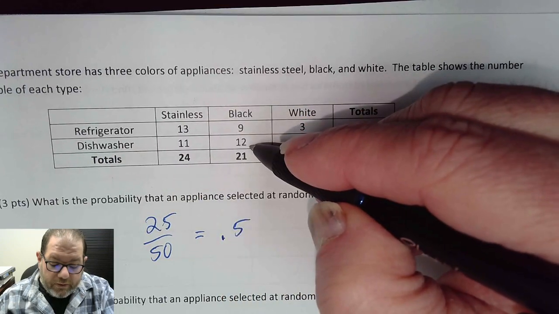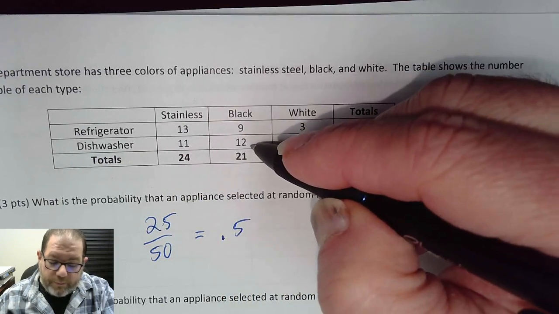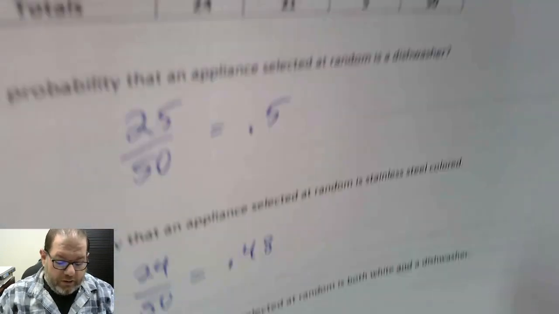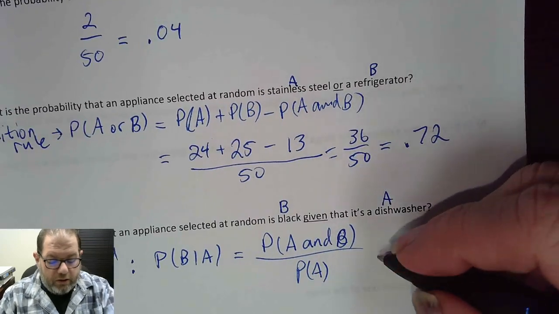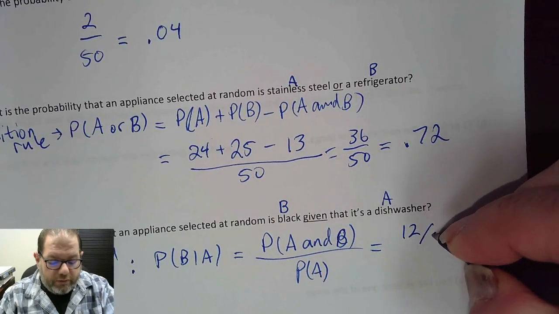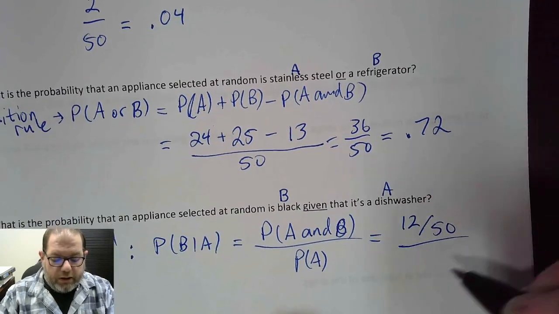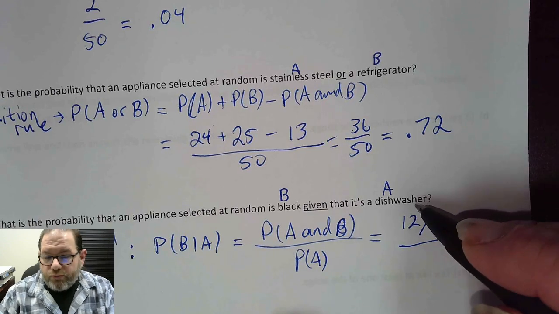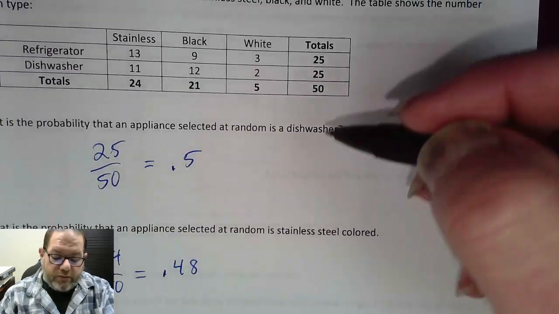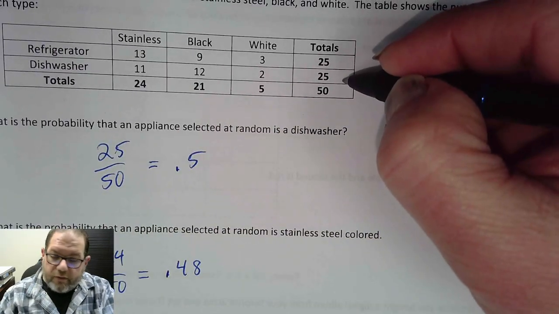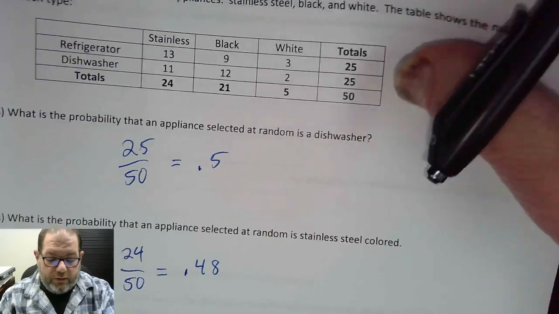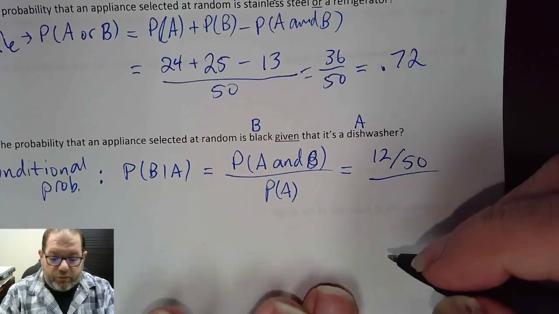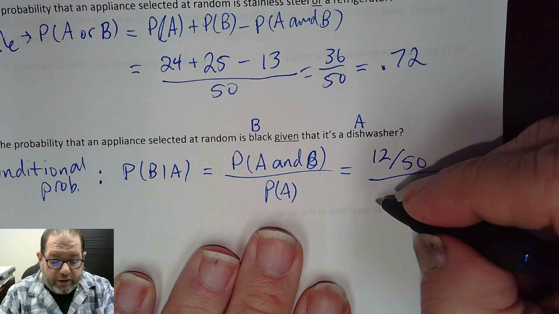There are 12 of these that fit both criteria, so 12 out of 50. And then the probability that it's a dishwasher in the first place: there are 25 dishwashers total, so that's 25 out of 50 again, which we already did in part A.